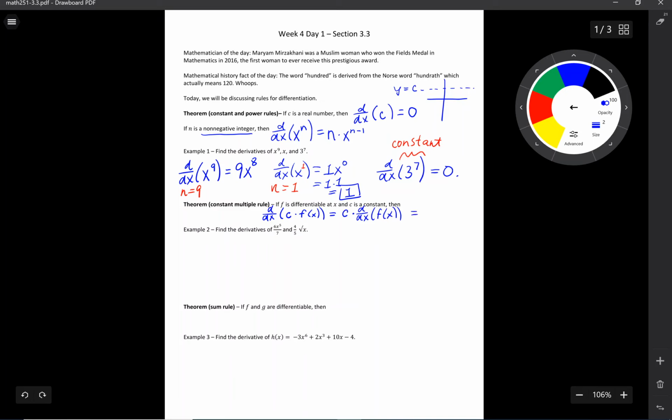Another way of writing this is c times f prime of x. So if I'm dealing with a constant multiple multiplied by a function, I can just bring that multiple out in front and differentiate my function as usual.